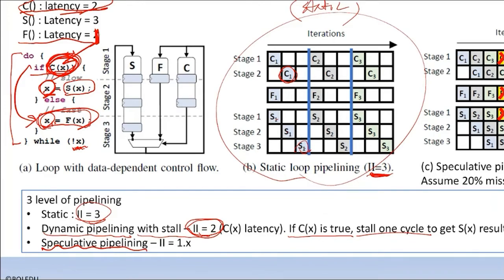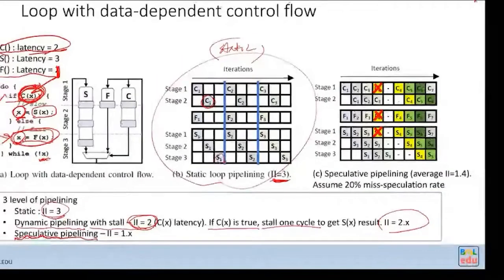If it's not, then you have to do the recovery. That's what many processors do. Today's processors are speculative processors, so they apply speculative techniques intensively.